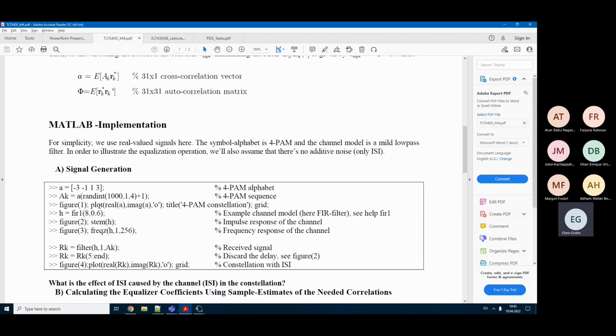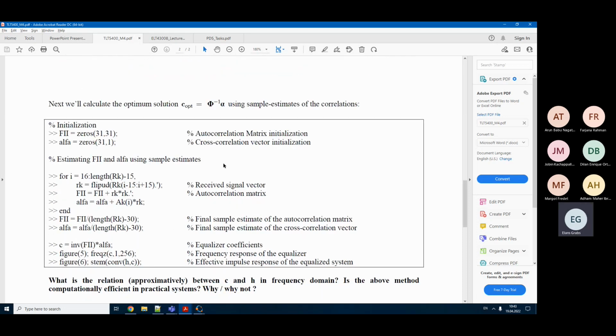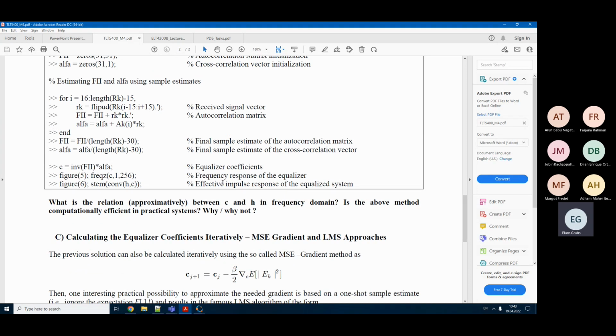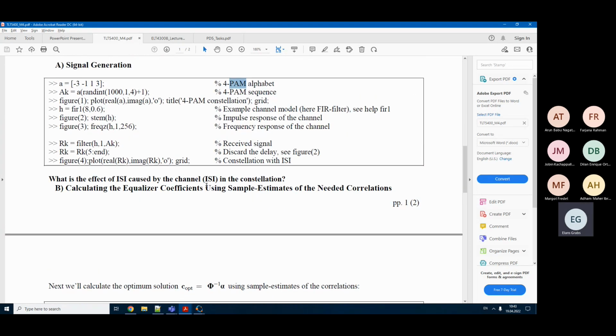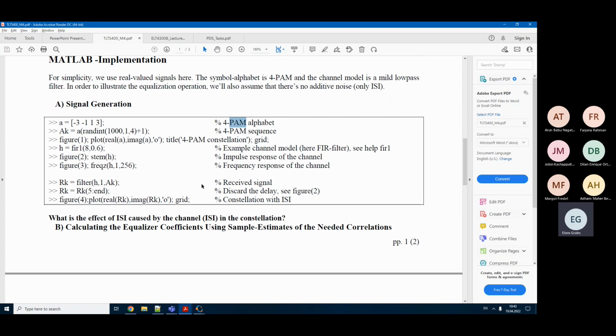Actually, here is already an example of how to do the same thing. But this is for 4-PAM modulation. It's not quadrature amplitude modulation, as in our case. Nonetheless, as I said, a quadrature amplitude modulation can be considered as 2 pulse amplitude modulations in rectangular signal axes, so this works exactly the same.